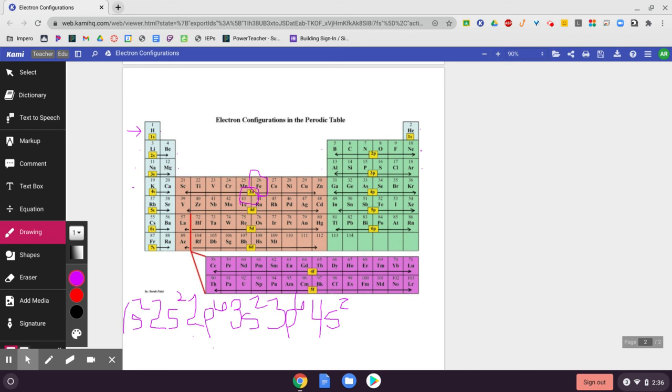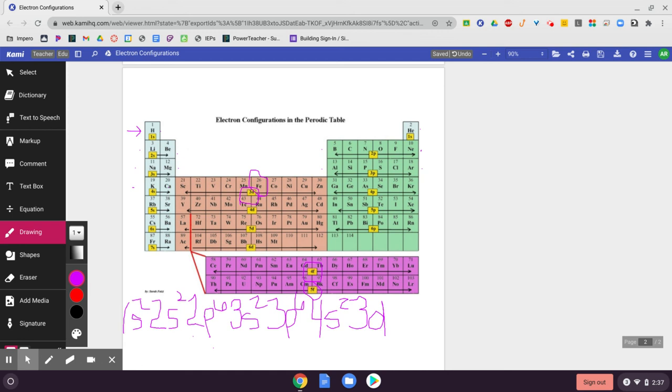But as long as you can remember that with the d orbitals, and even down here with the f orbitals, you can see that this is called 4f and this is called 5f. They just kind of spill over into each other. So instead of saying 4d, which would be incorrect, we're going to follow what it says and say that this is 3d.